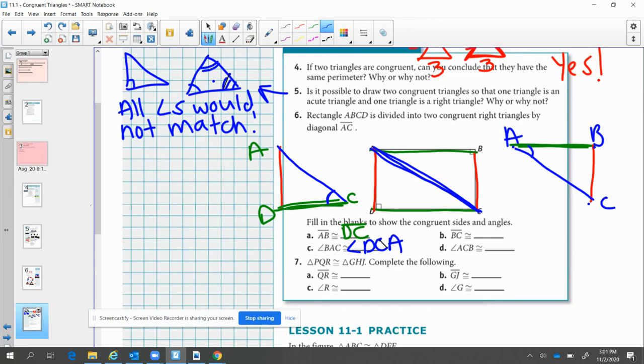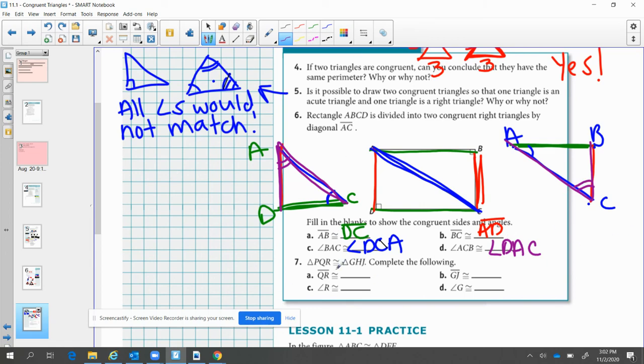And then we know segment BC is the red segment. So here's BC. It's going to be congruent to AD. And then last but not least, we have angle ACB, so the blue and the red sides, is going to be congruent over here to angle DAC. Okay. So again, the colors can be very helpful in helping us line up what is truly congruent to one another in our pictures.